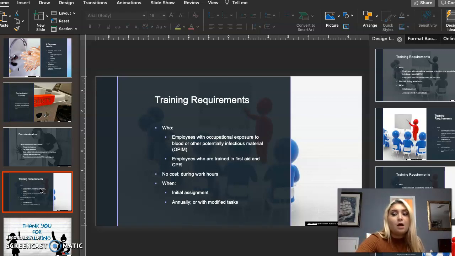So all employees with occupational exposure must receive initial and annual training. Additionally, training must be provided when changes like modified tasks or procedures affect a worker's occupational exposure.